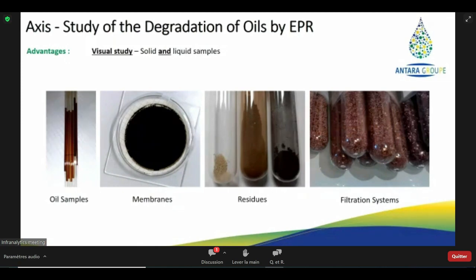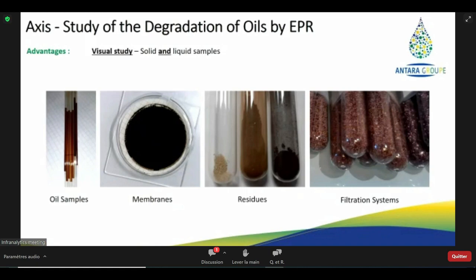Another thing is with EPR, you can do a visual study of the oil degradation, because you can study liquid and solid samples. For example, we can do analysis on oil samples, which shows you what appears in the oil or what disappears in the oil after a treatment.